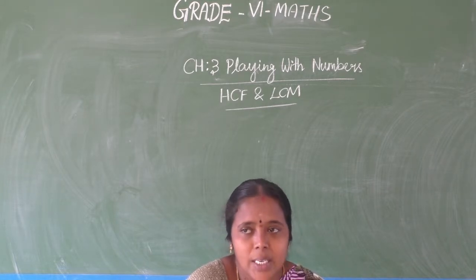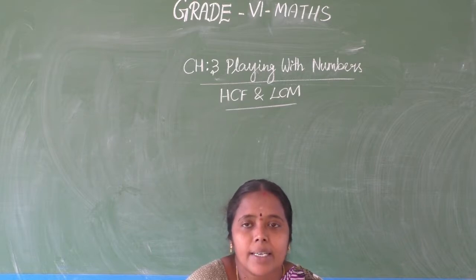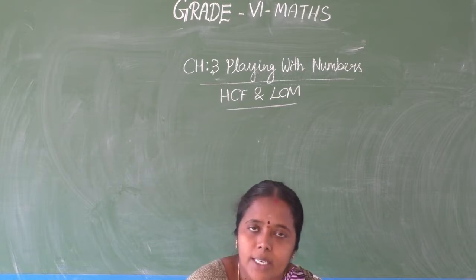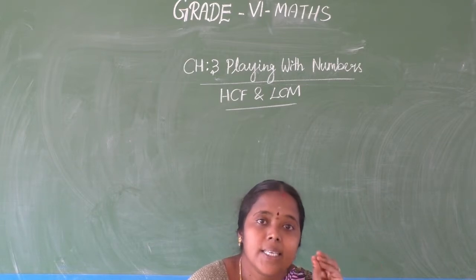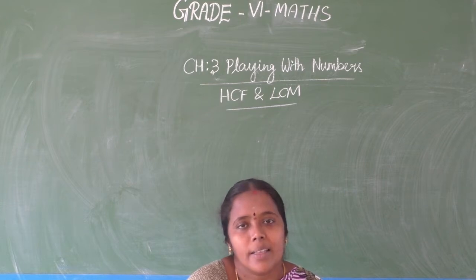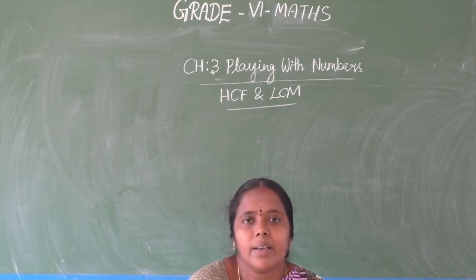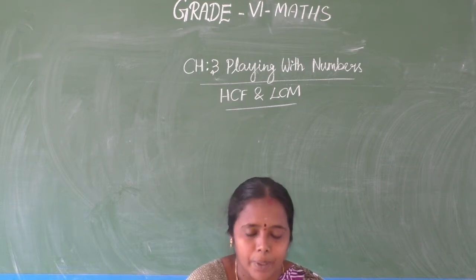Regarding HCF, that means regarding common factors and common multiples, we have seen in the last class. Now we are going to see about HCF, highest common factor, that means greatest common factor, and least common multiple.